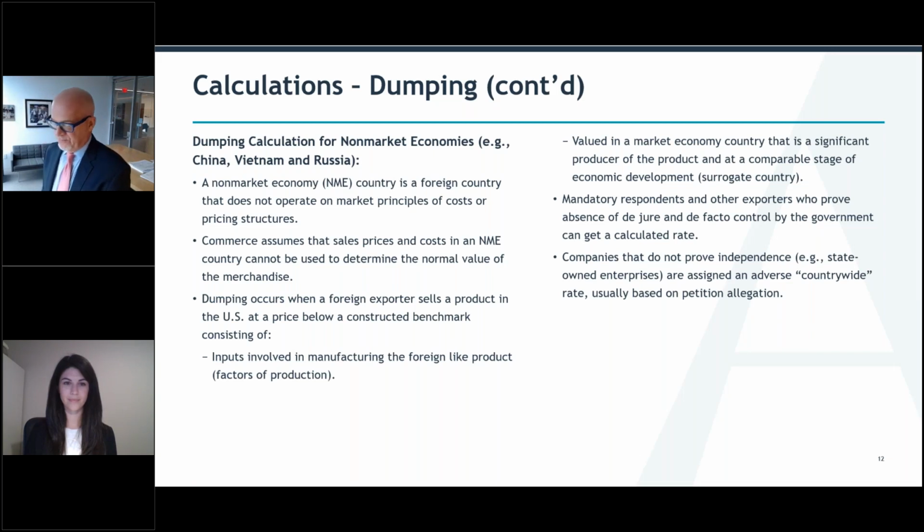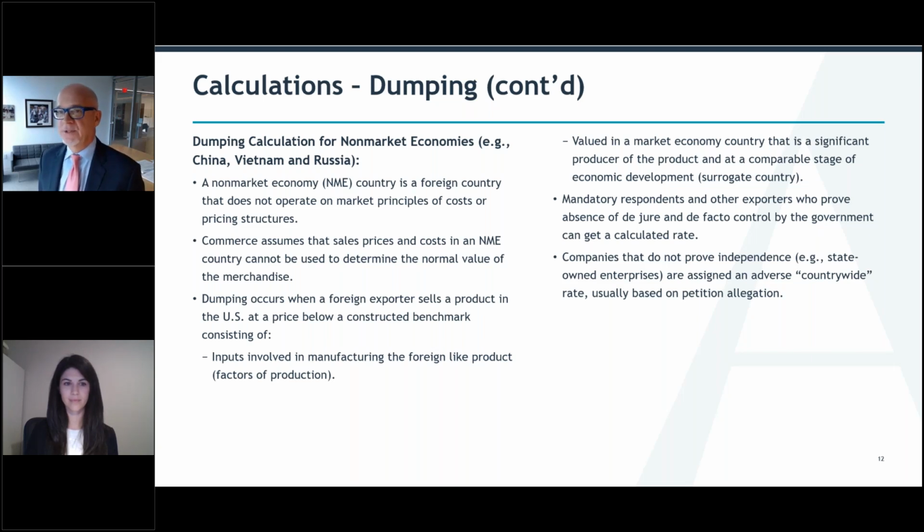This is really important for companies that are seeking to maybe adjust their supply chains in light of all the various challenges that face companies that are selling to the United States. China is a country that is a big target, and it is considered a non-market economy.